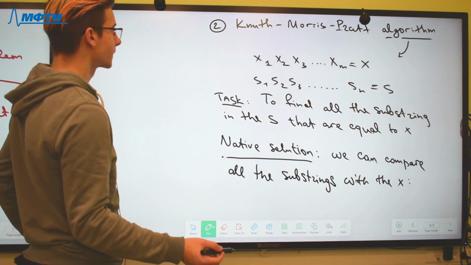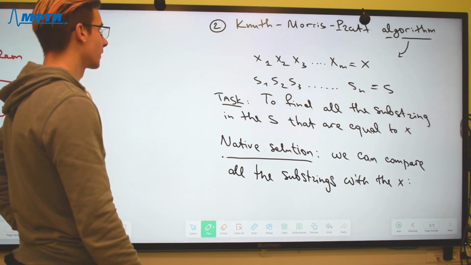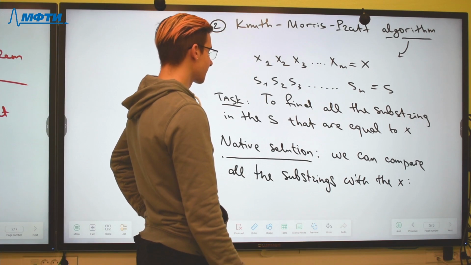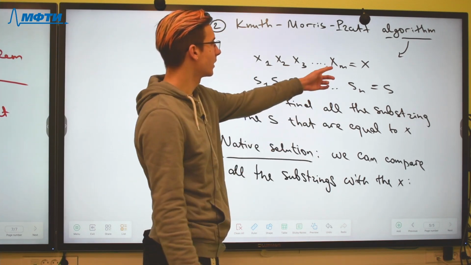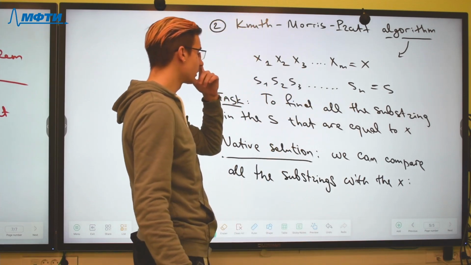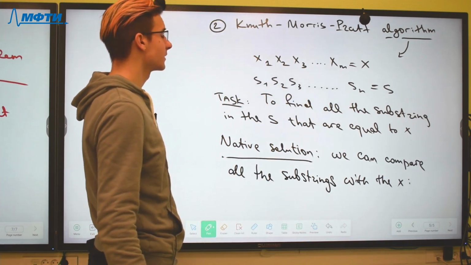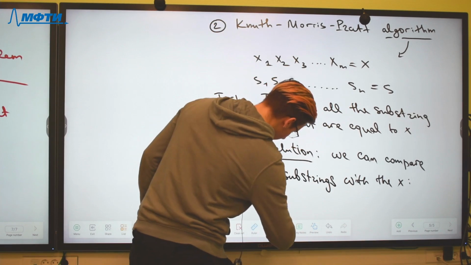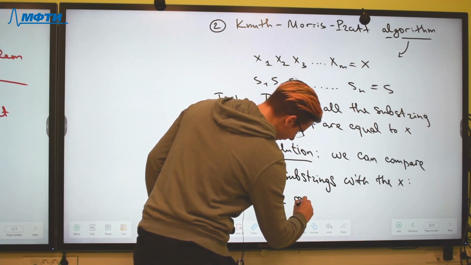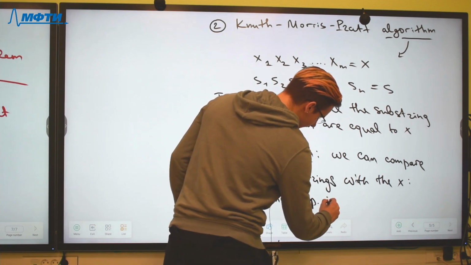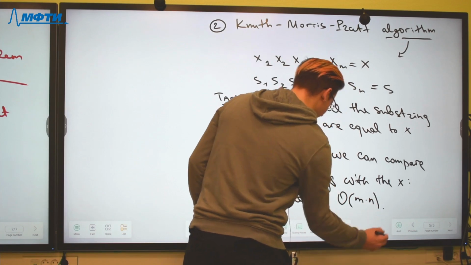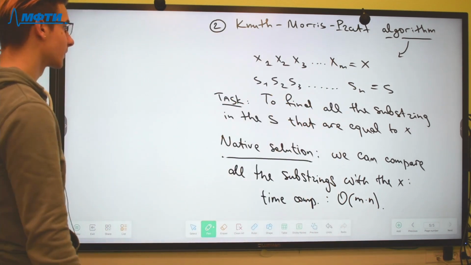So we know that the number of substrings with the length of m is equal to n minus m, and asymptotically the time that we spent on it is equal to the multiplication of these two numbers.